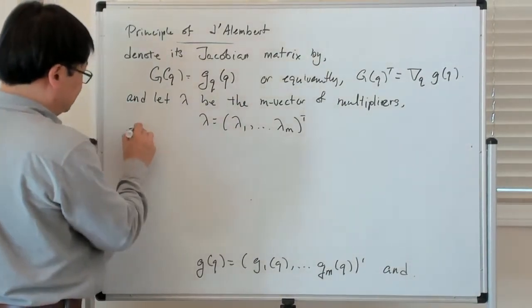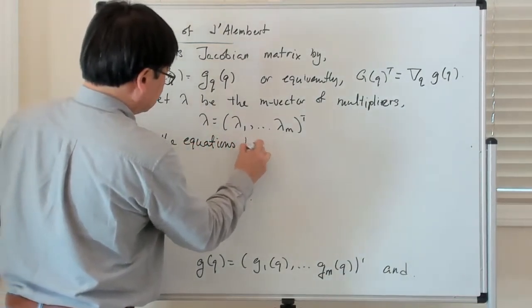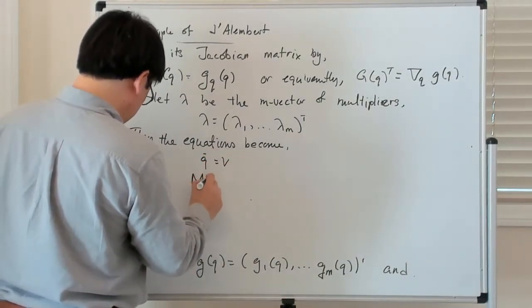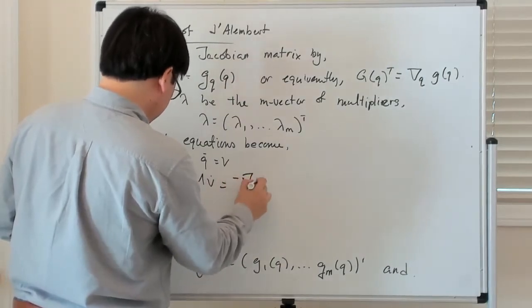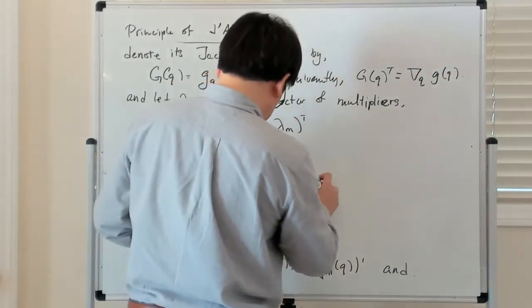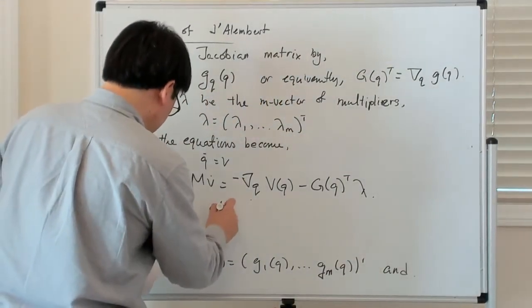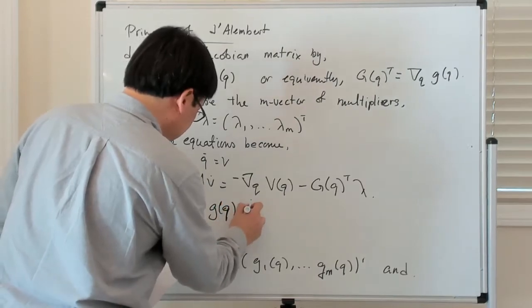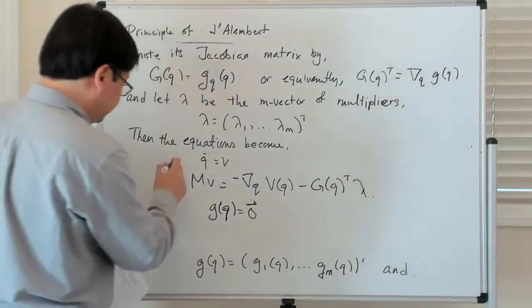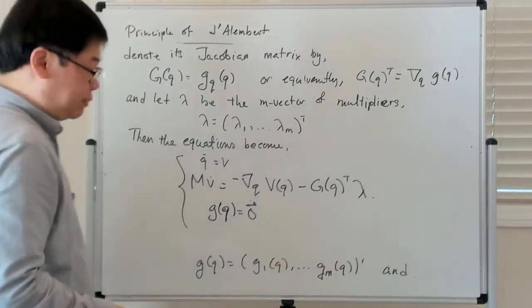So the equations become Q dot is equal to V, V dot is equal to negative the gradient of the potential, which is the Newton's law part, minus G of Q transpose lambda, and then you have G of Q is equal to 0, but it's really a vector 0, so it's a 0 vector.